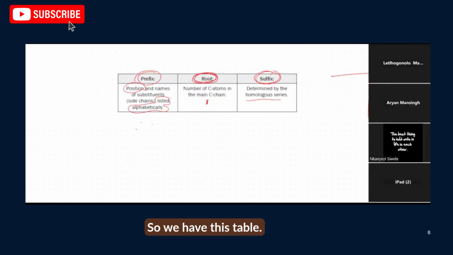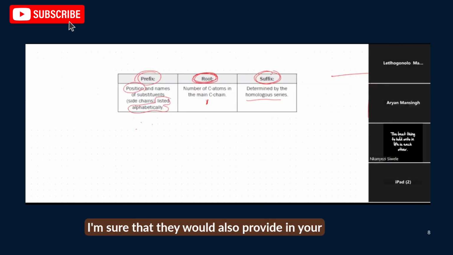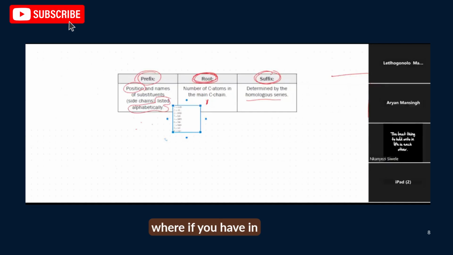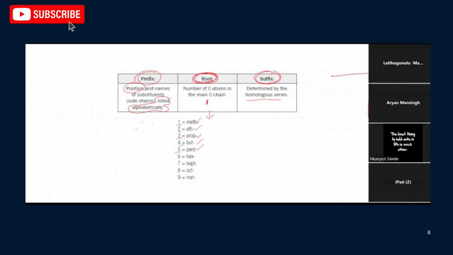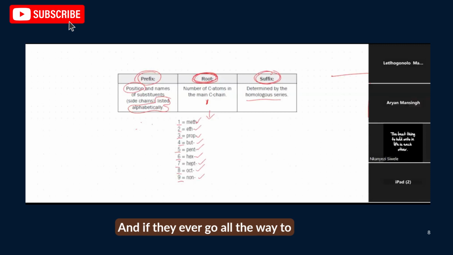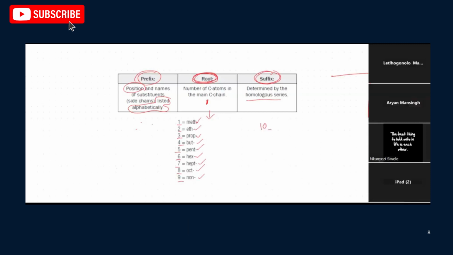So we have this table, which I'm sure they would also provide in your school, where if you have 1 carbon in your long chain, it's meth, 2 eth, 3 prop, 4 but, 5 pent, 6 hex, 7 hept, 8 oct, 9 non, and if they ever go all the way to 10, it is dec.